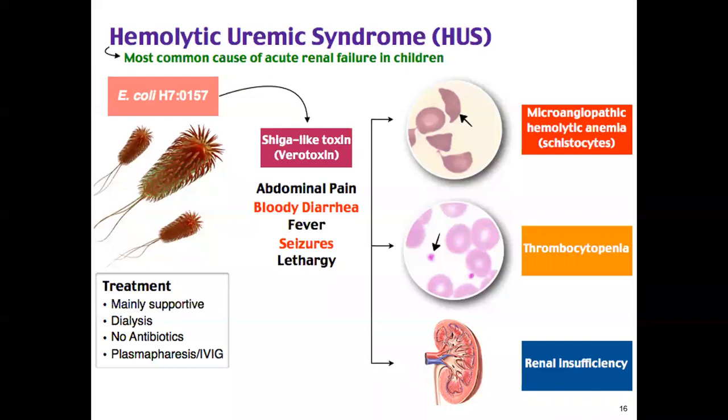If you go for laboratory tests, you can see anemia, meaning decreased hemoglobin and hematocrit levels, and thrombocytopenia, meaning decreased platelet count, and also increased creatinine, hematuria, and proteinuria developed.